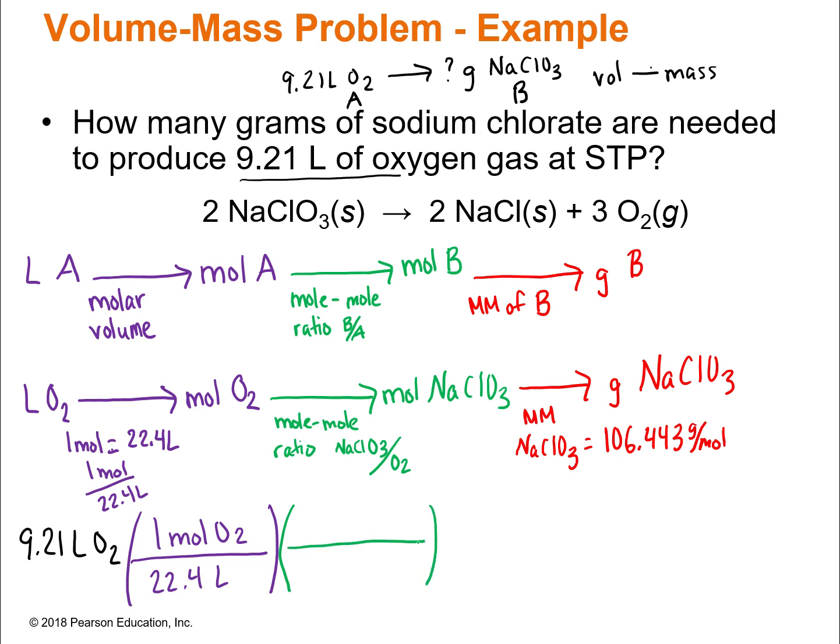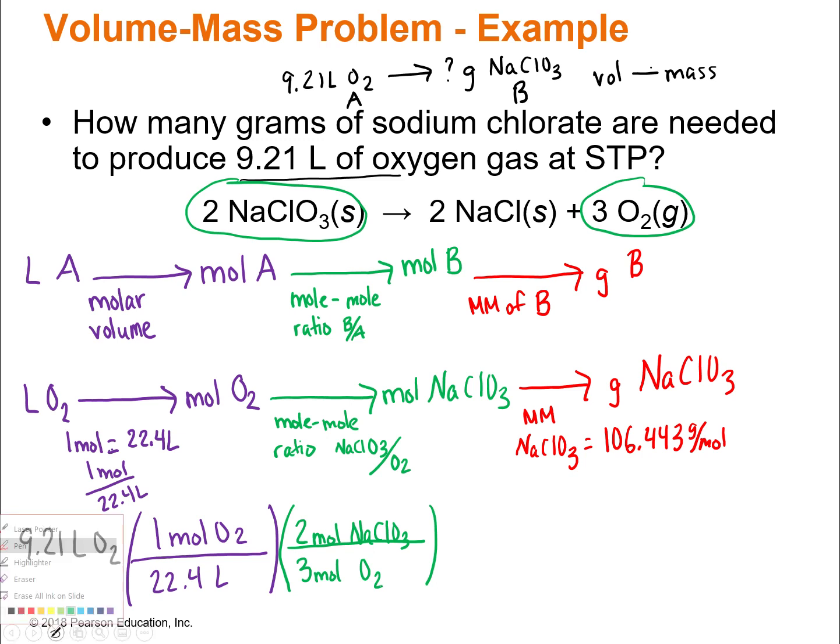When we look at the equation, we've got 2 moles of sodium chlorate and 3 moles of oxygen gas. So remember, when you're doing this in your calculator, you got to multiply by 2 and divide by 3. I see that mistake quite often.